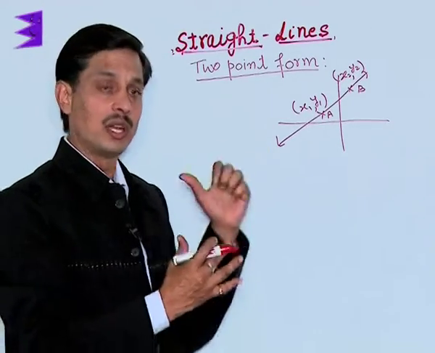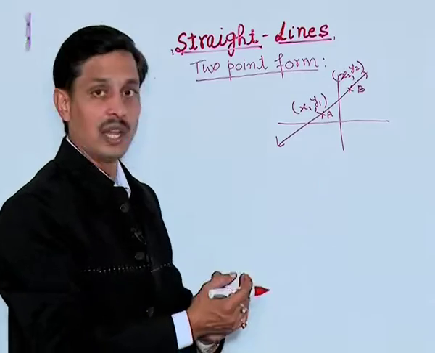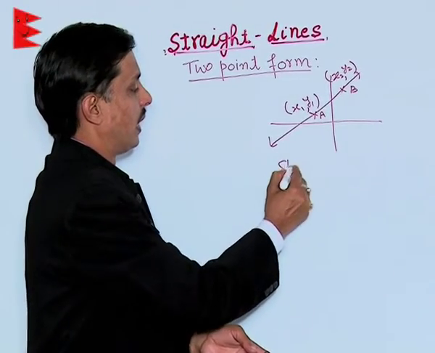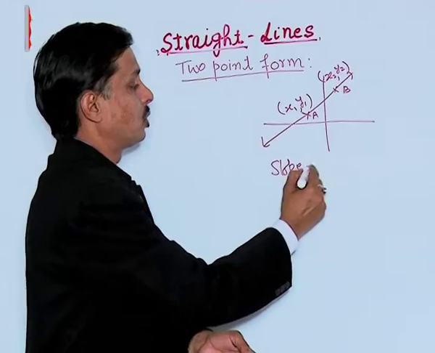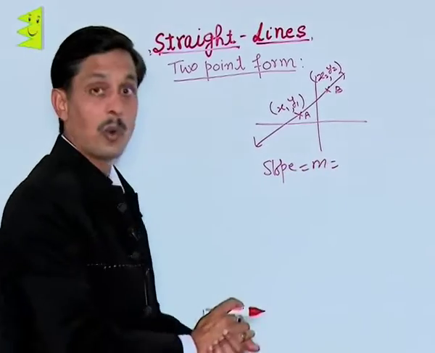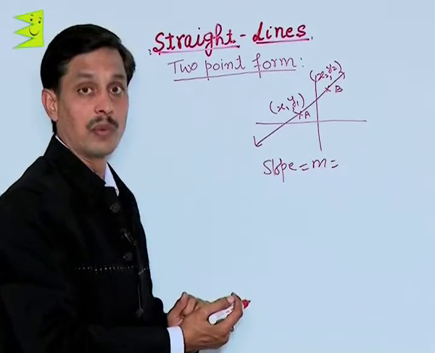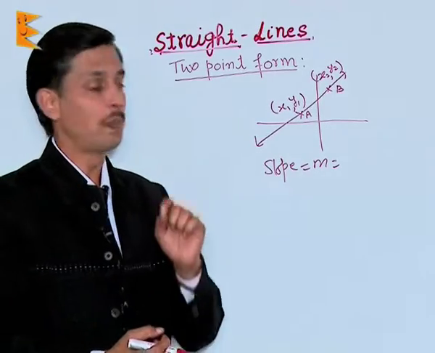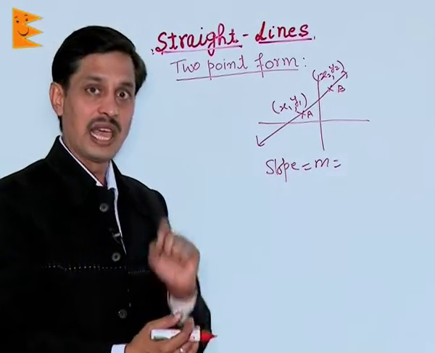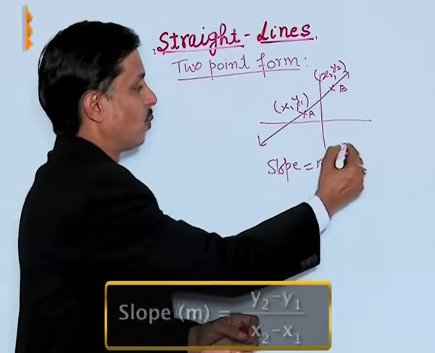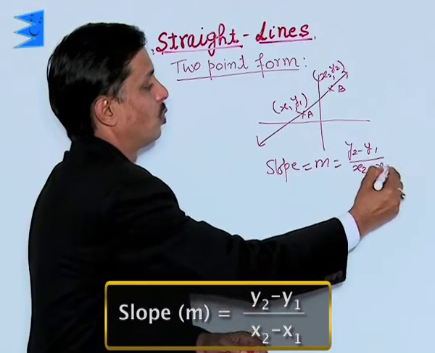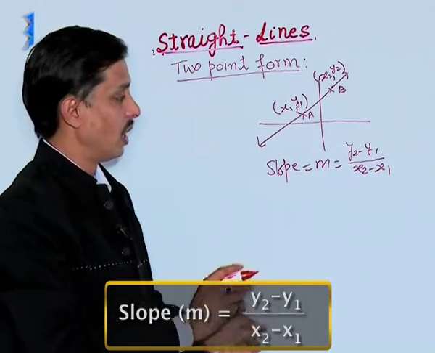Before I tell you the result, I would like to tell you how we find the slope of a line if it is passing through 2 points and the angle is not given. The formula of the slope if a line is passing through 2 points x1 y1 and x2 y2 is y2 minus y1 upon x2 minus x1.